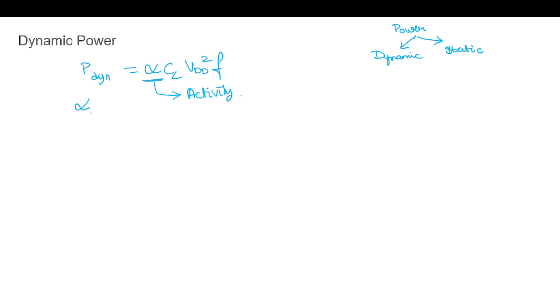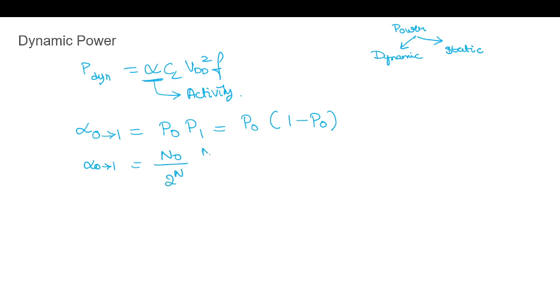How to calculate this activity factor? If we consider alpha as the 0 to 1 transition, it's the probability of the output being 0 times the probability of it being 1, calculated as the number of times a 0 appears by 2 to the power n and the number of times 1 appears by 2 to the power n.